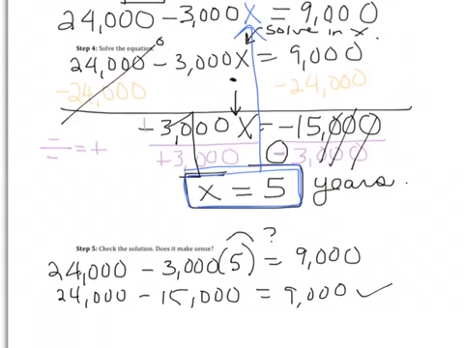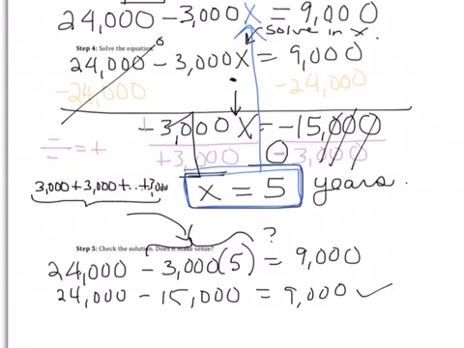And again, this 3,000 times 5, multiplication is just repeated addition. This really means 3,000 plus 3,000 plus, dot, dot, dot, plus 3,000, 5 times.